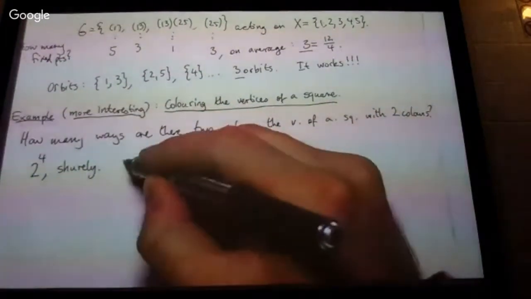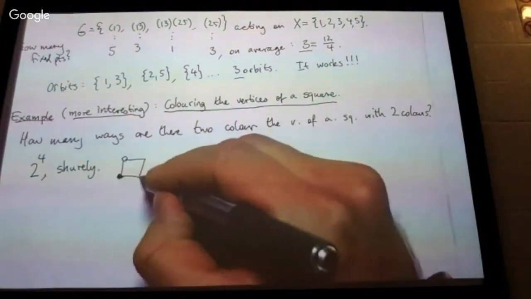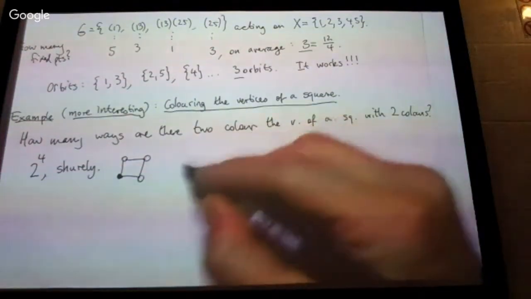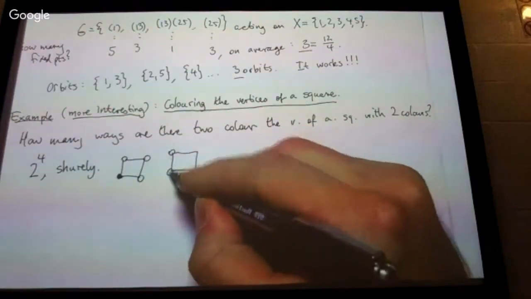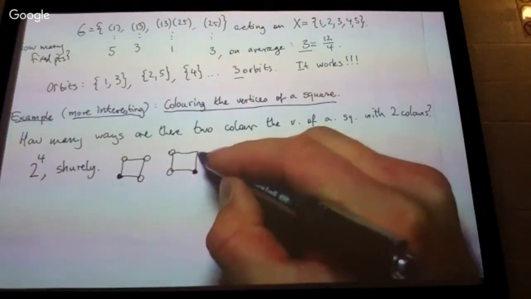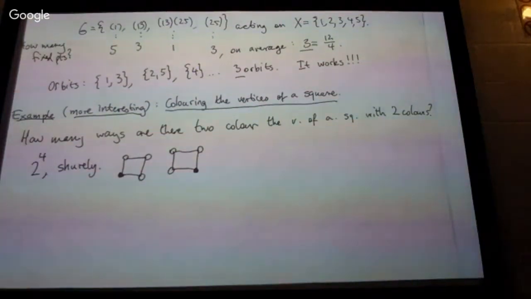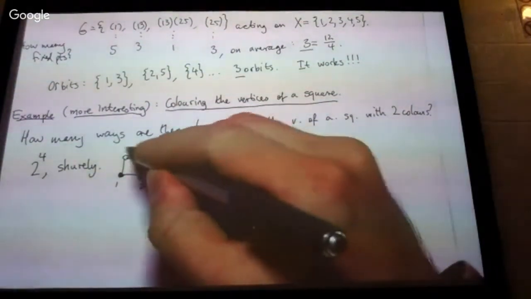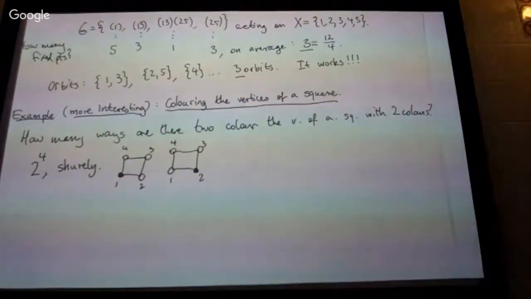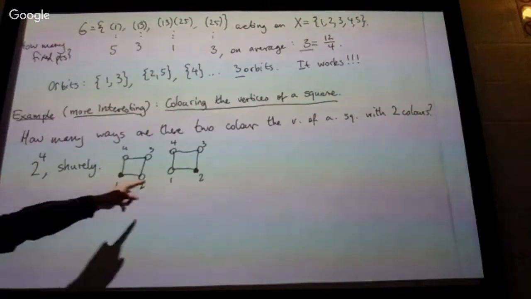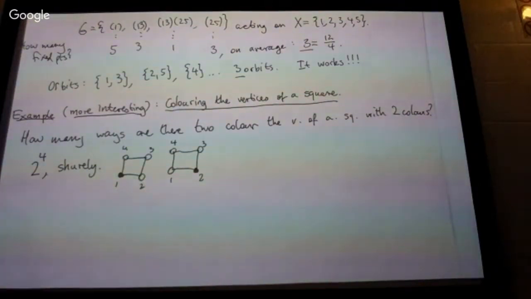But that means that, for example, that's one way, and that's another way. So this one is different, because in this, we have vertices 1, 2, 3, 4. On the left, 1 is black, and on the right, 1 is white. So they're different ways of coloring the square.